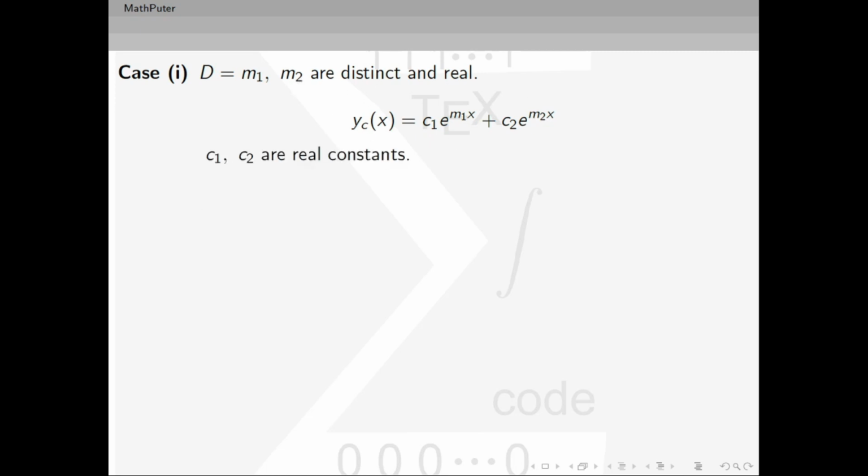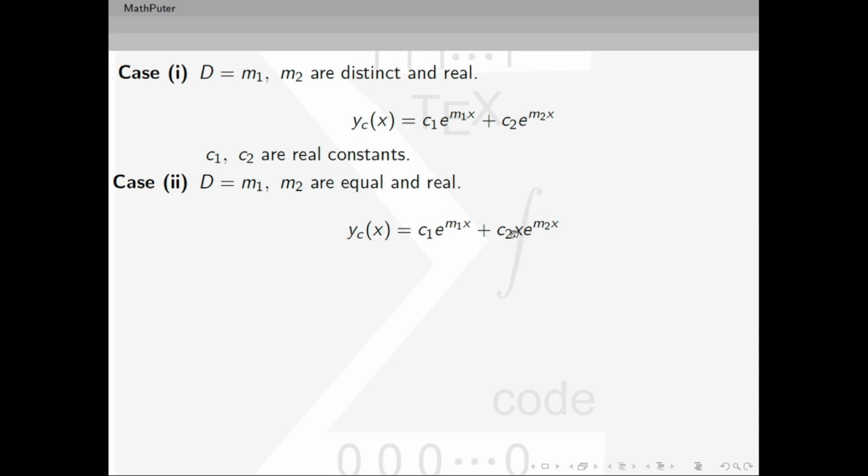The second case, when m1 and m2 are equal and real, then y(x) is c1 e raised to m1x, plus c2 x e raised to m1x, with m1 equal to m2 here. But see, here I wrote some other quantity.